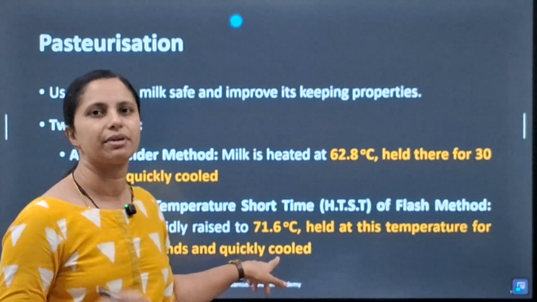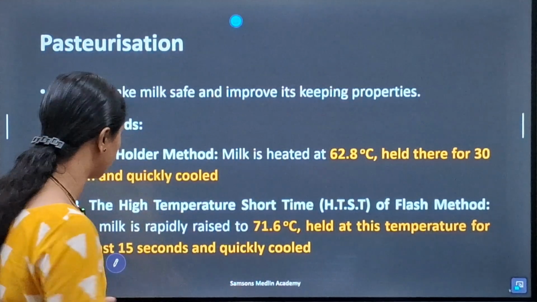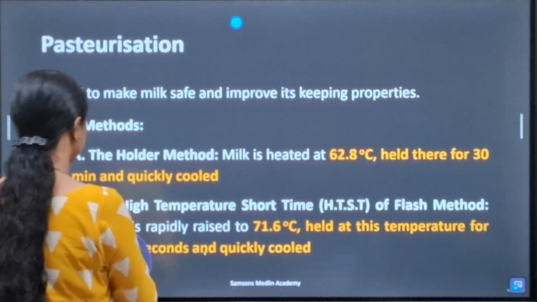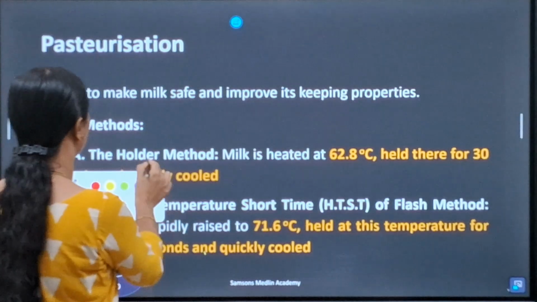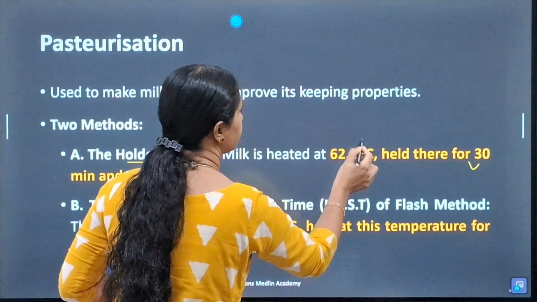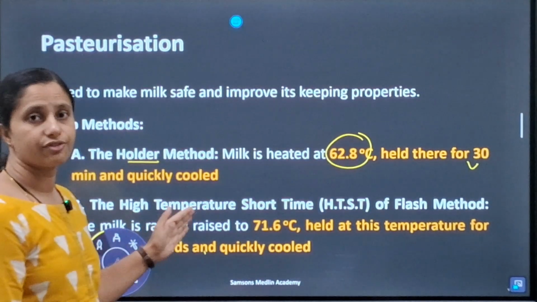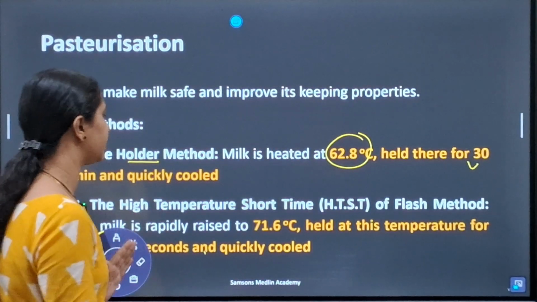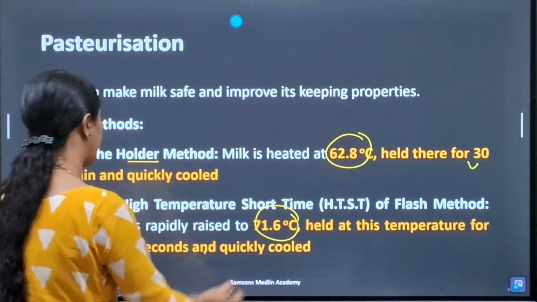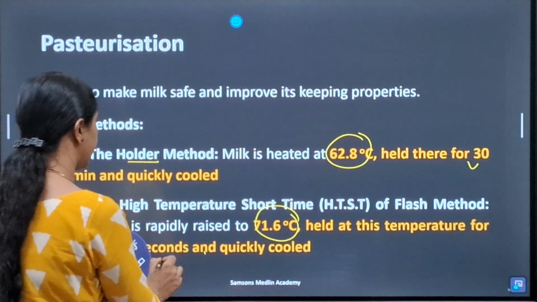So obviously the temperature is a bit high, that is 71.6 degrees Celsius. So remember, the time is more for Holder method. For Holder method it is 30 minutes, but the temperature is less, 62.8 degrees Celsius, whereas for flash method or HTST method, the temperature is more and the time is only 15 seconds. Okay, 15 seconds.